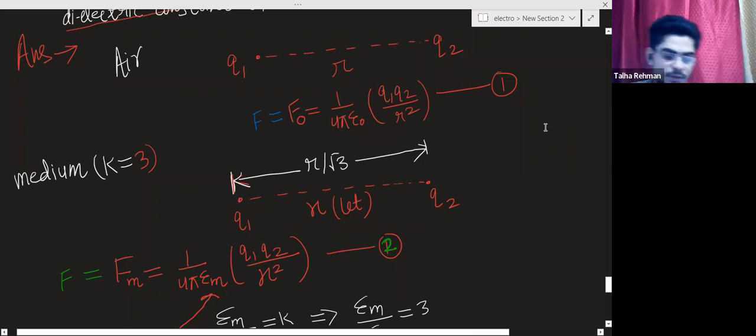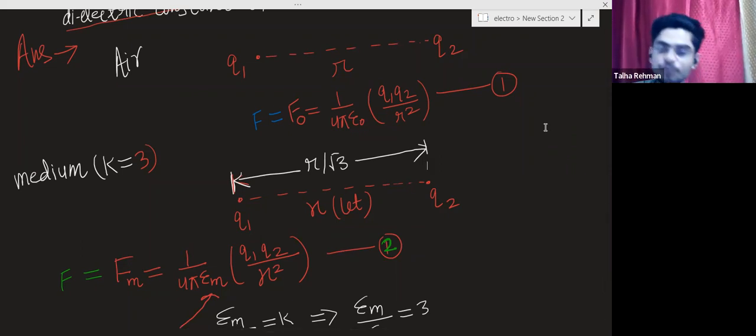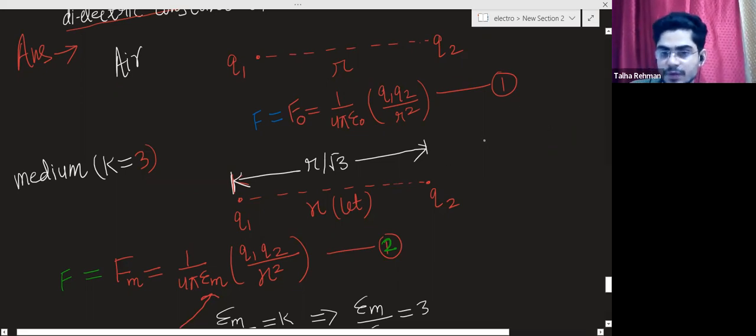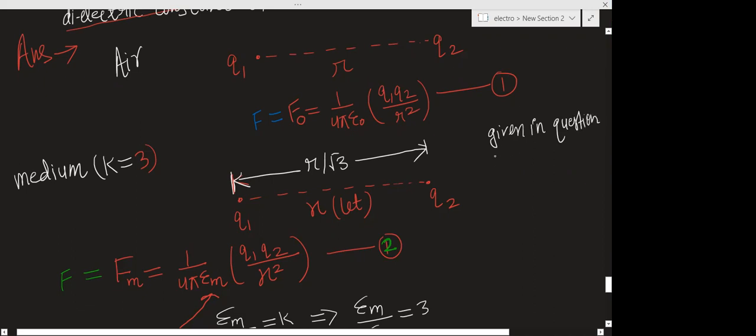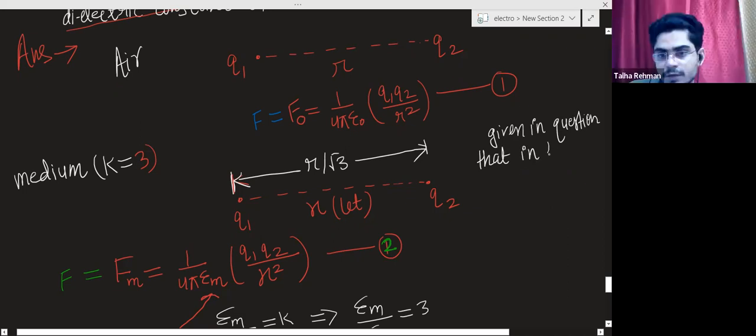Please note this point, that in both the mediums the force is the same, given in the question. I'm writing here: given in question that in both the mediums, force is F.